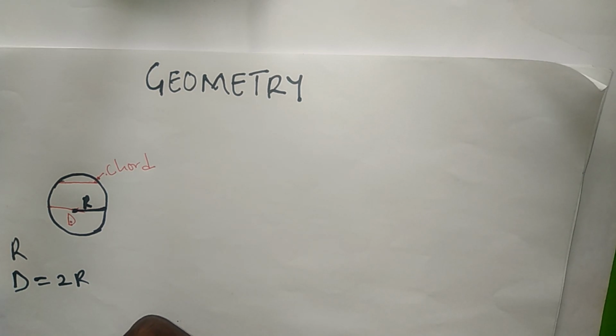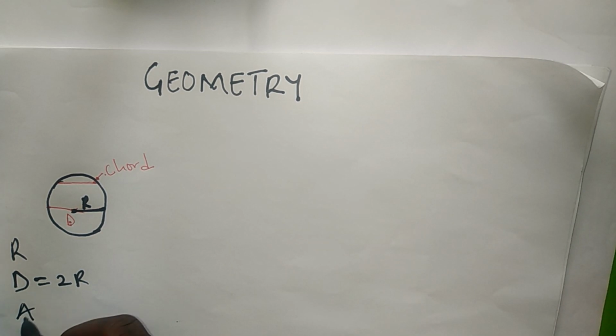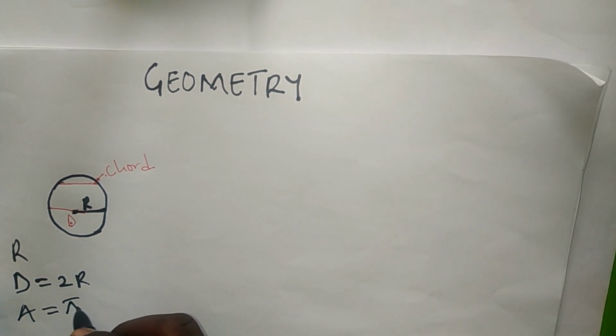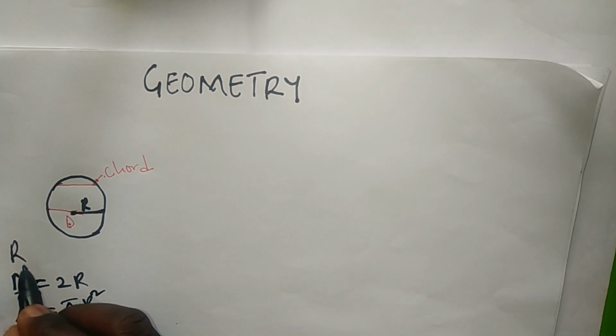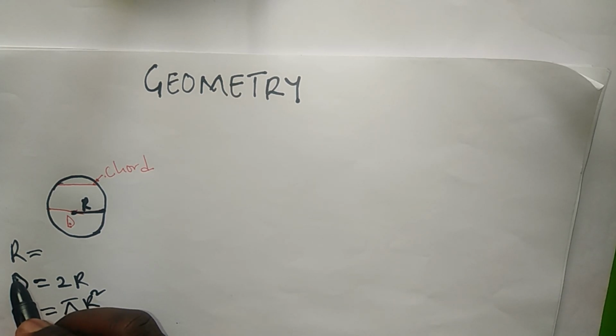Now, the area of this circle, let me put A for area, and the formula representing area is pi r square.